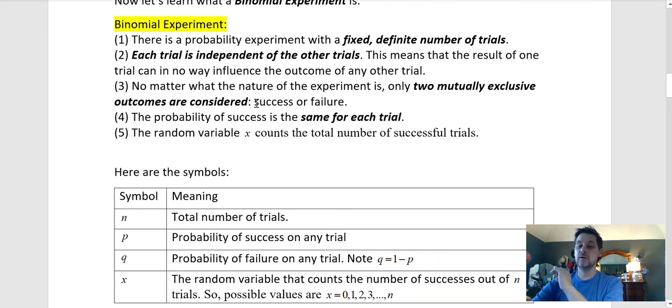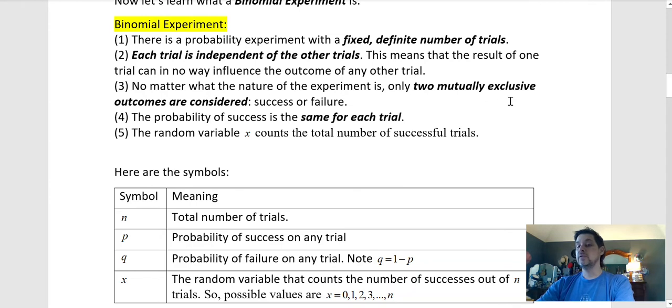We'll call one of them success and one of them failure. And which one is success and which one is failure could be a matter of opinion, but there's just two mutually exclusive outcomes. All right, just two, no more than that. Not just two, exactly two, no more than two, no less than two, two.